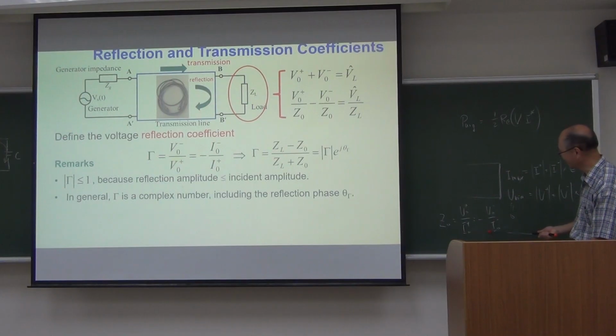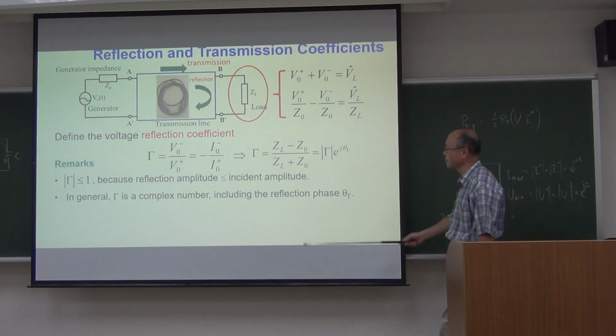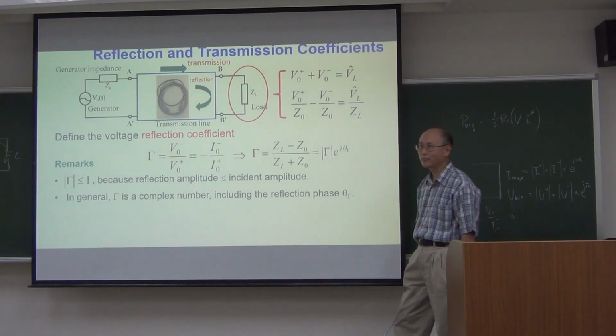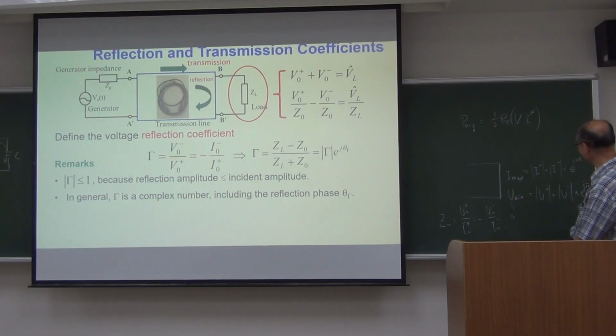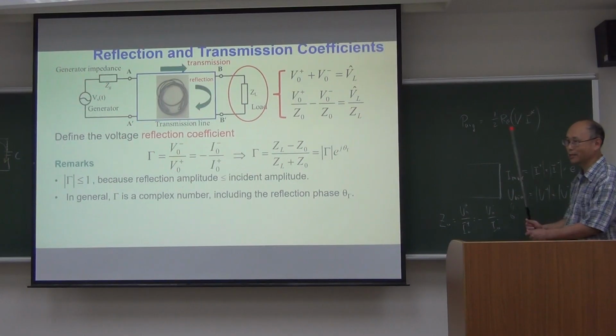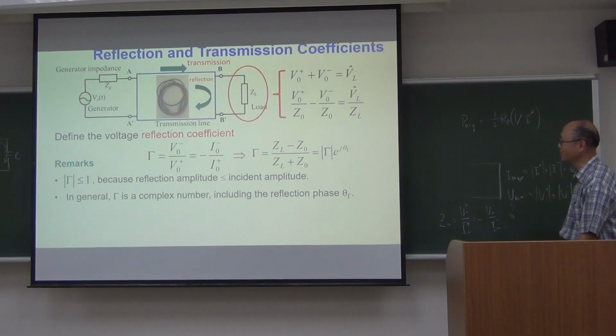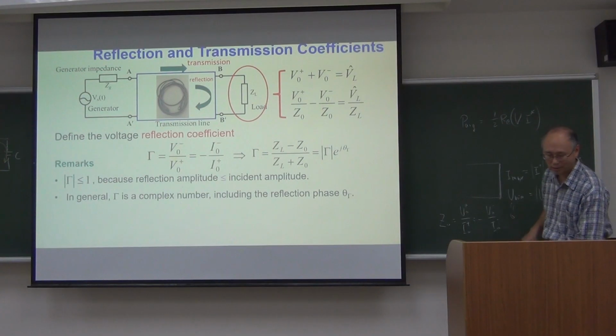Again, if you adopt this definition, it will definitely give you one sign from here. But from a physical point of view, the underlying physics is that the current and the voltage are, in fact, of opposite phase in a transmission line. And we're going to touch this part in a moment.